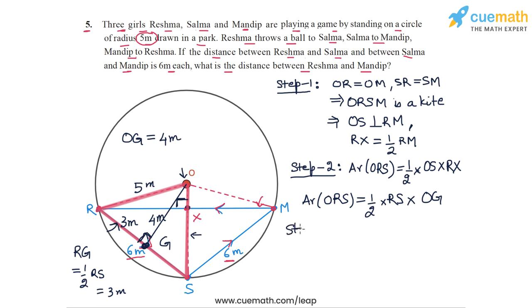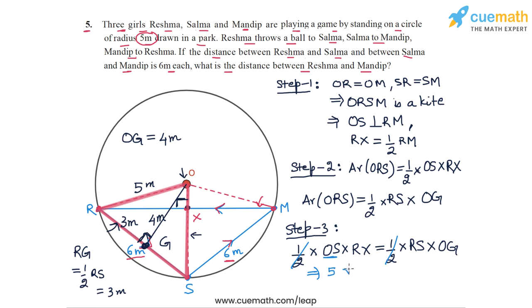And finally, in step 3, we just compare the two expressions for the areas. One of the expressions is half into OS into Rx, and the other expression is half into RS into OG. Now we'll just plug in the values. The halves on both sides cancel out. So we have OS, that's 5 meters, into Rx, which is what we have to find out, equal to RS, which is 6 meters.